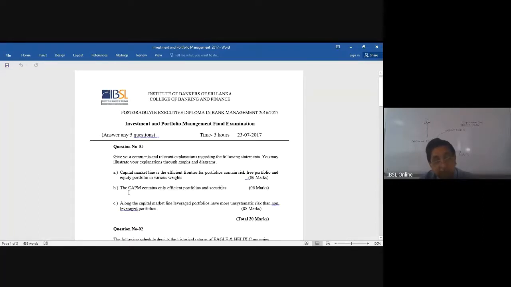It is not the case. You can't say the CAPM contains only efficient portfolios and securities, because CAPM, the capital asset pricing model, deals with the return and the beta. So therefore, this statement is wrong.